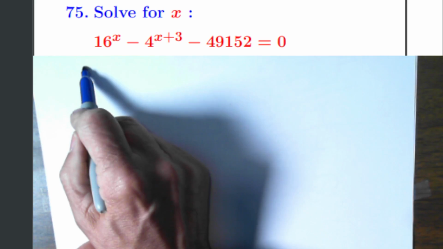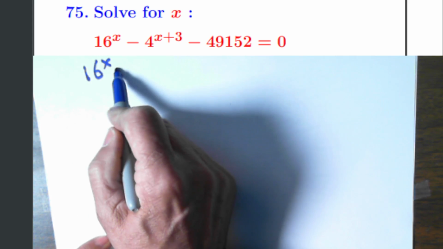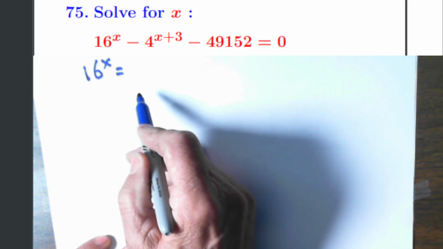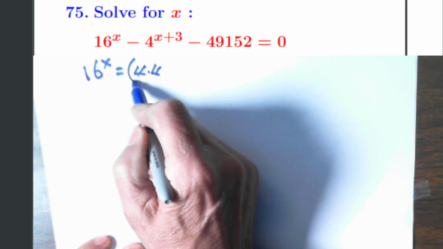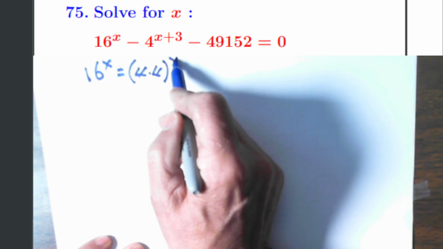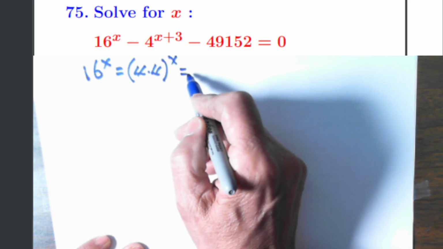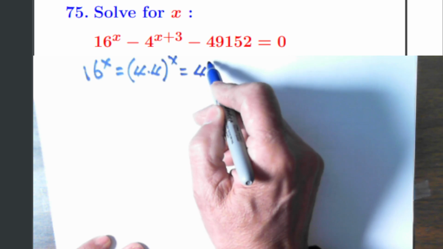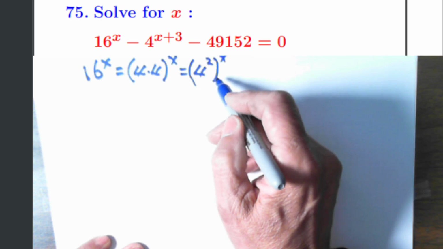Here, 16^x will be the same as 4 times 4^x, which is 4 to the second and x.